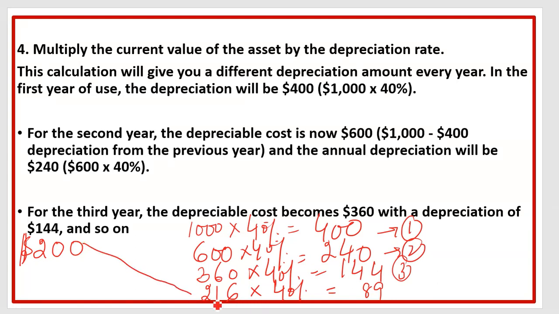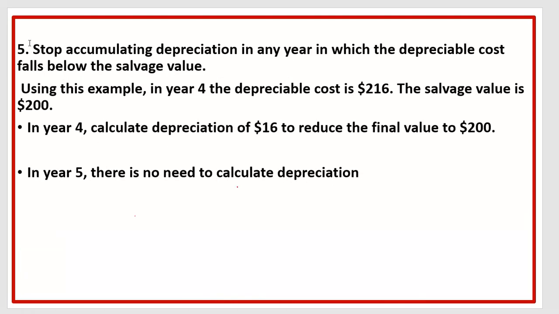Whatever is the difference between 216 and 200, because we have to keep 200 at the end, because this is the salvage value. So in the fourth year, our depreciation amount is only $16, and there is no need to find the depreciation in the fifth year, because we have to keep 200. Same thing I have written for you: in the fifth year there is no need to calculate depreciation, and in the fourth year calculate depreciation of $16 to reduce the final value to $200, right?